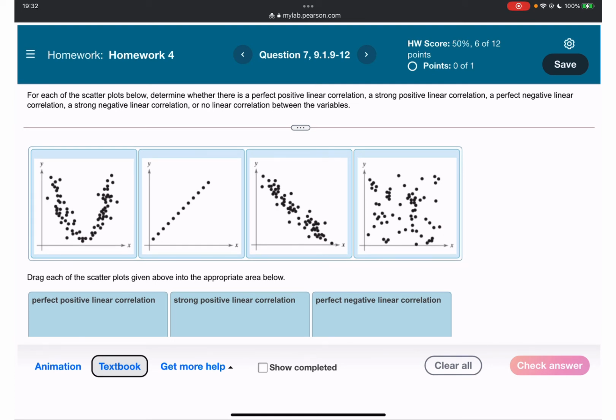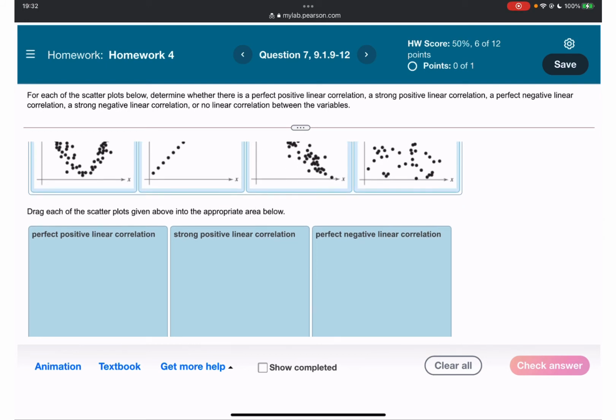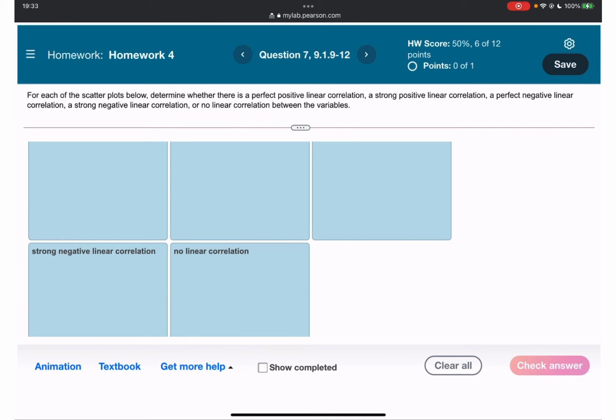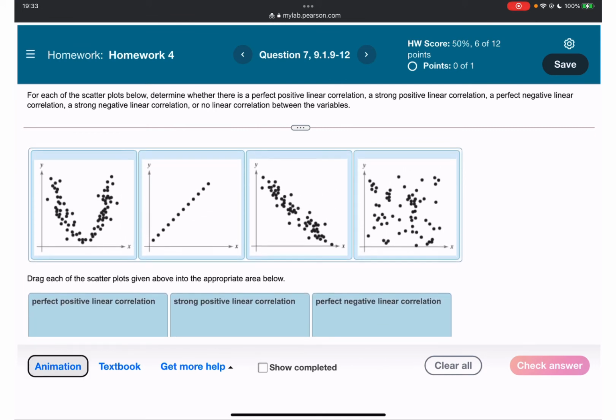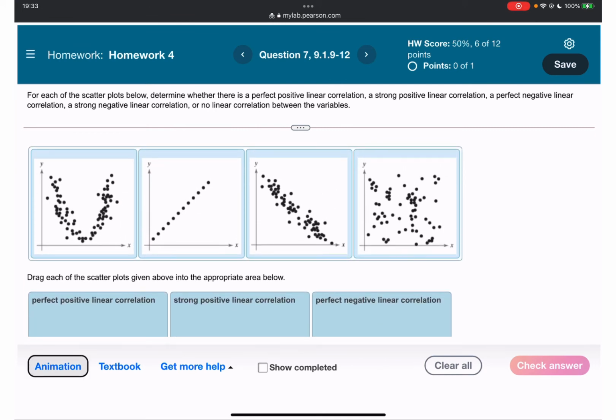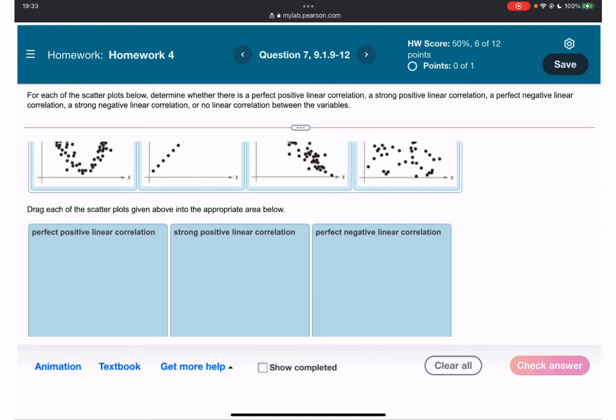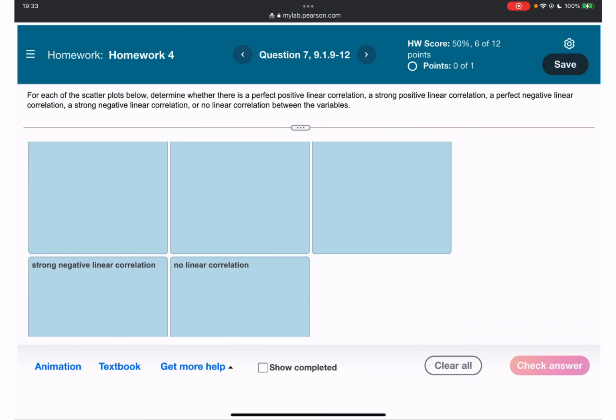If I count, we have four graphs, right? Third one, because if you provide an imaginary line, it's going to go down, right? So the third one is going to be strong negative linear, and no linear correlation is going to be this chaotic one. This chaotic graph is going to be no linear correlation.